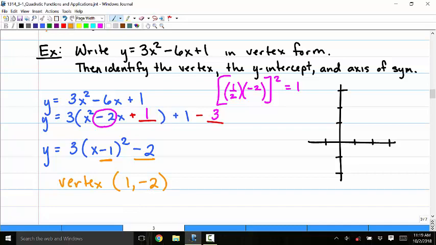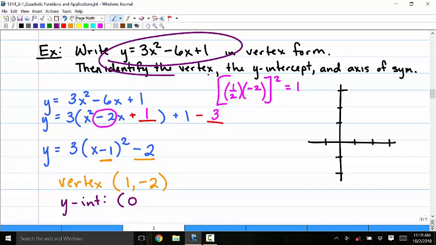The y-intercept? Y-intercept is going to be 0 something. Okay, if it's in standard form up here, when I plug 0 in for x, what do I get? 1. Finding the vertex in standard form is a whole lot quicker.